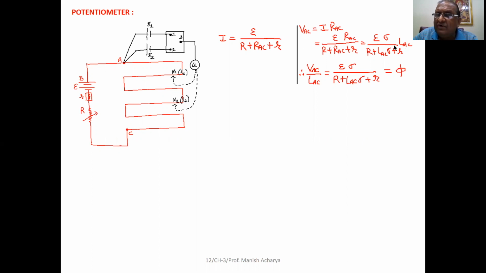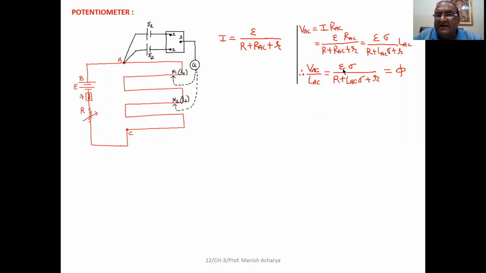Now this is the potential difference across the entire wire. So if we take the length of the wire on the left hand side, the potential difference across AC divided by length of AC wire, then we can say this left hand side is nothing but the potential difference per unit length of the wire, and that is called potential gradient.